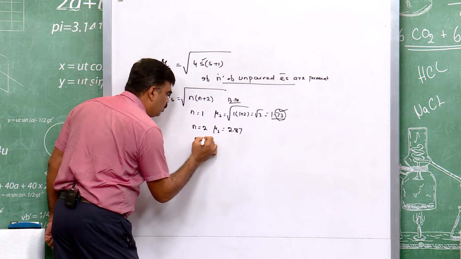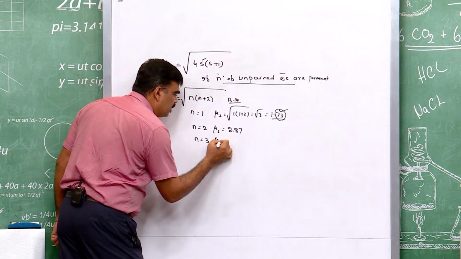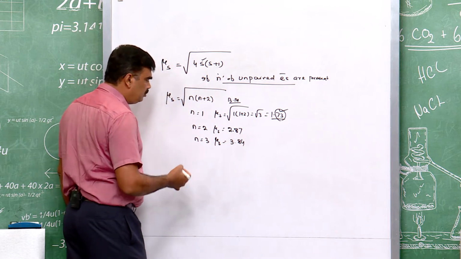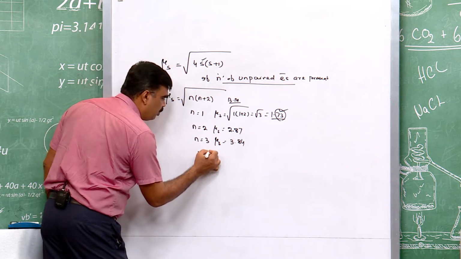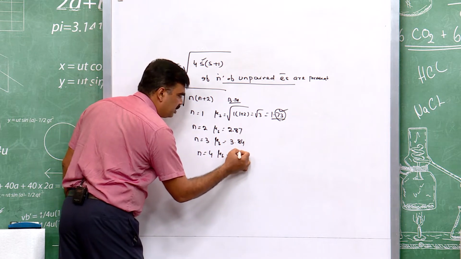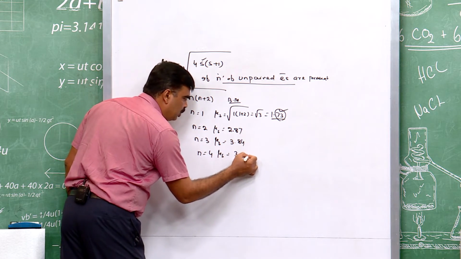If n is equal to 3, mu s will be 3.84. If n equal to 4, mu s will be 4.90.